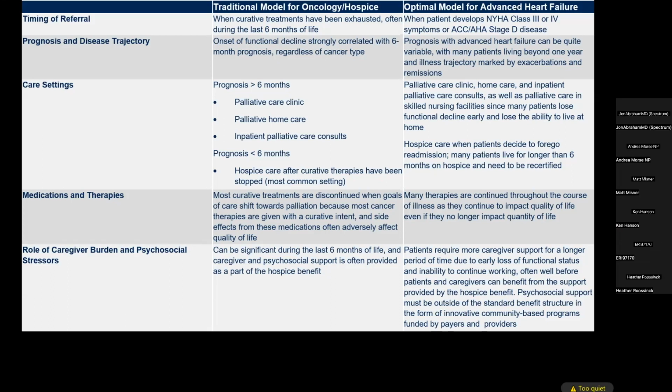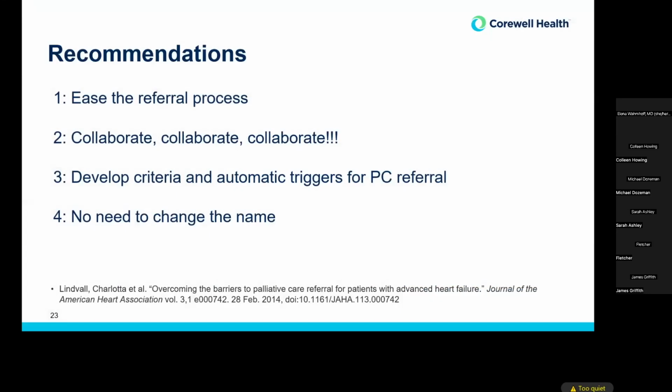And because of the longer trajectory of the disease progression in heart failure, we do see a lot of caregiver burden for patients because it's been going on for months and sometimes even years. So a little bit different for oncology and heart failure.